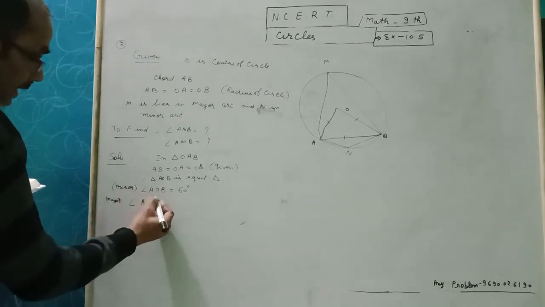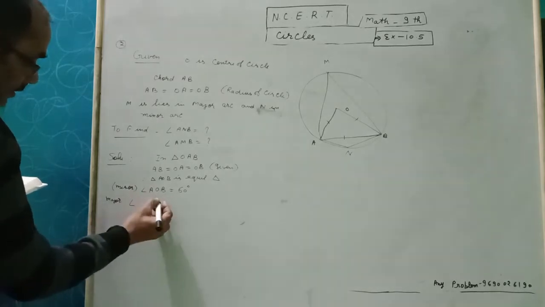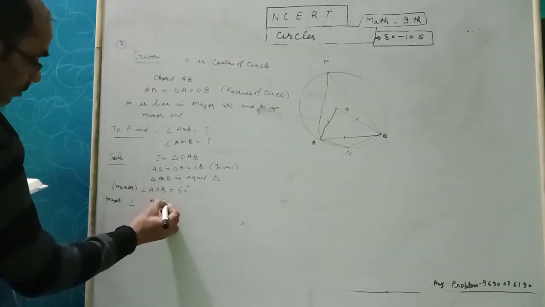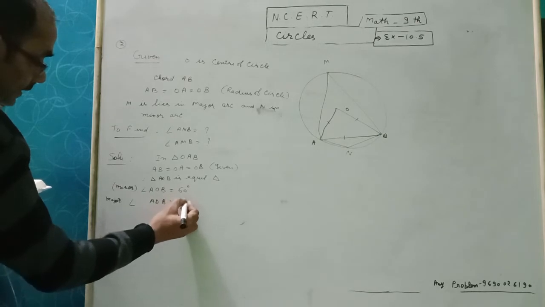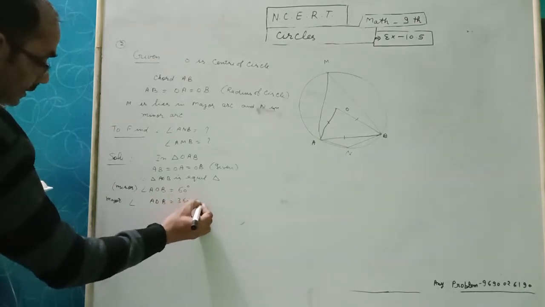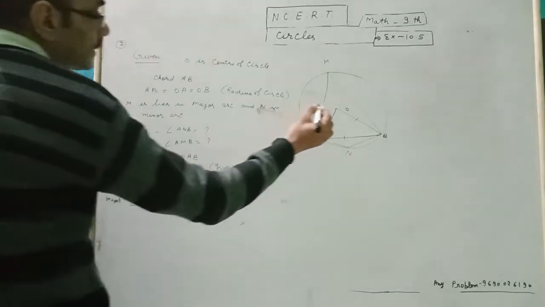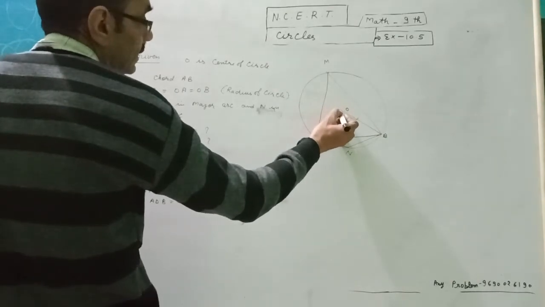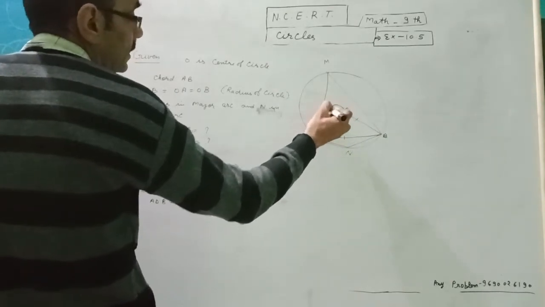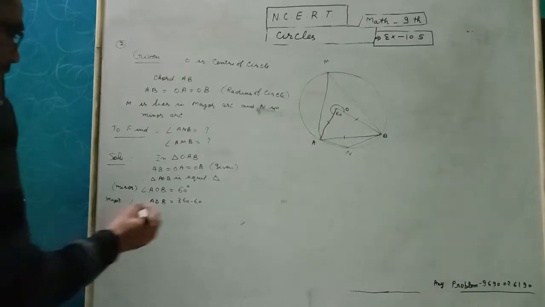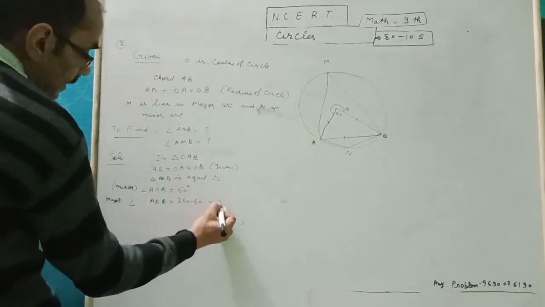We find the major angle AOB is equal to 360 minus 60. Then the rest angle at the center is equal to 300 degrees.